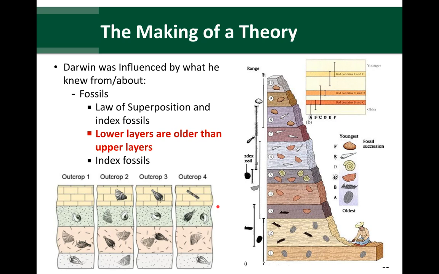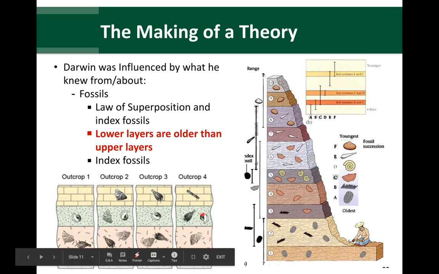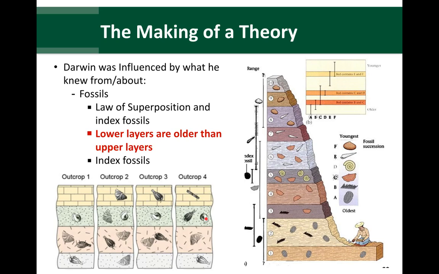But for example, if we find this fossil, we can conclude that it must be younger than the known age of this fossil. Or if we find this fossil, for instance, we may know that this is older than the known fossil age of this fossil. So we can use that to index the age of fossils.